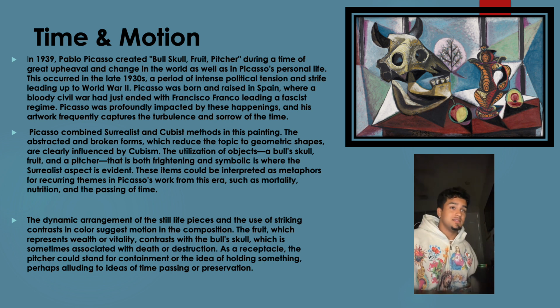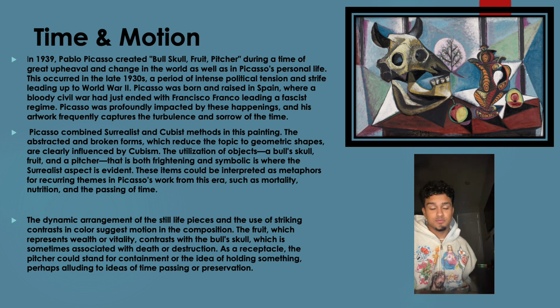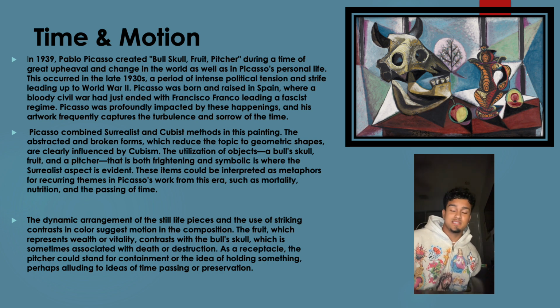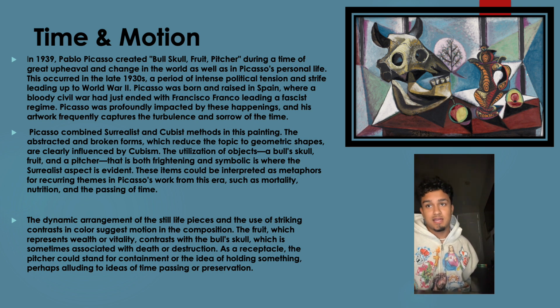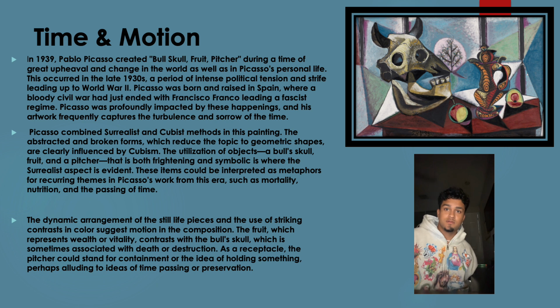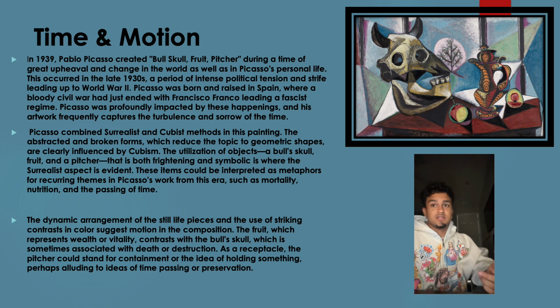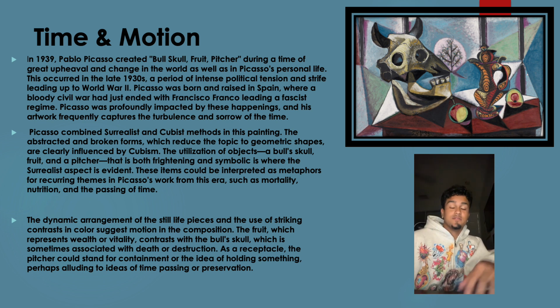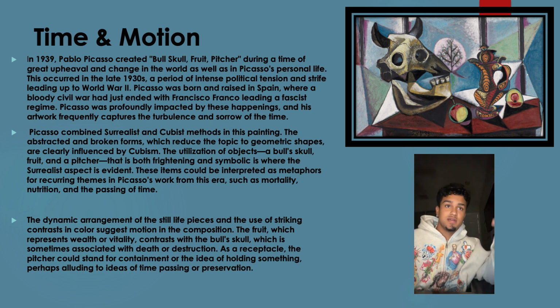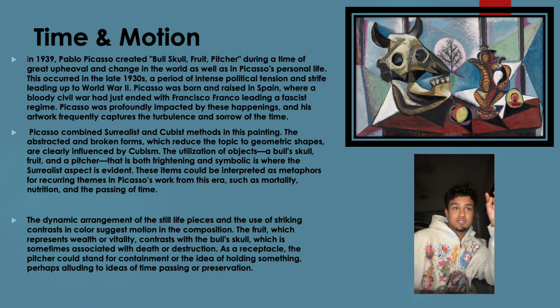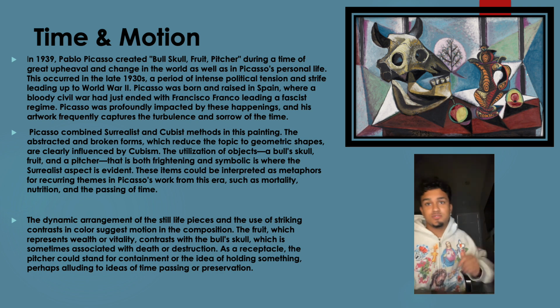Picasso combined surrealist and cubist methods in this painting. The abstracted and broken forms, which reduce the subject to geometric shapes, are clearly influenced by cubism. In the painting, you can tell there's a whole bunch of cube-type shapes and triangles.